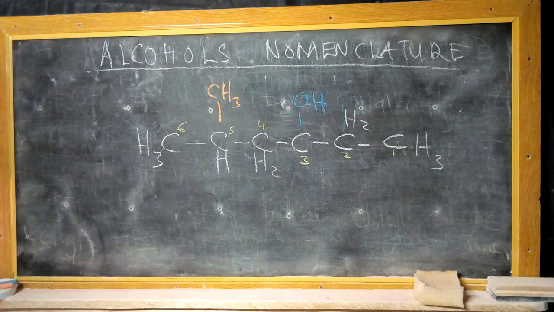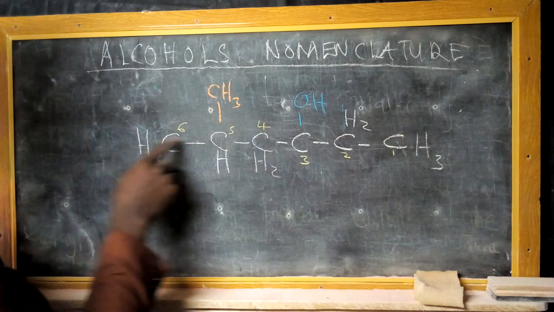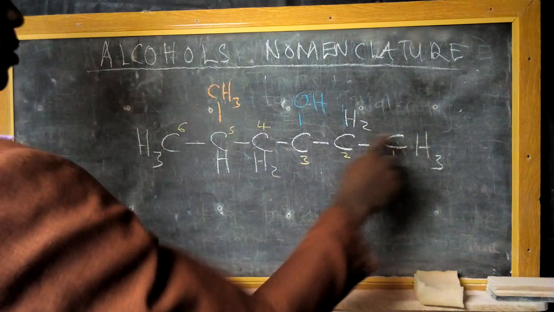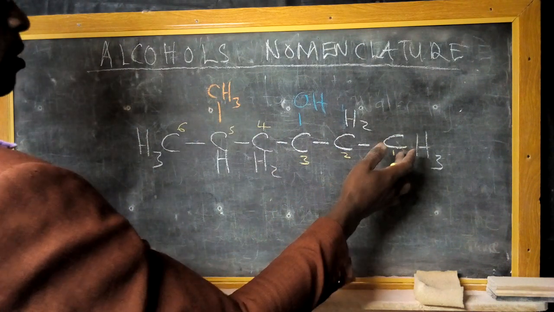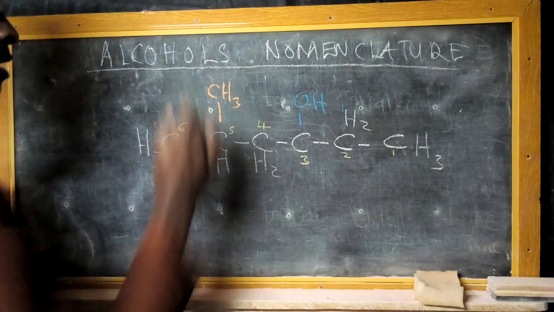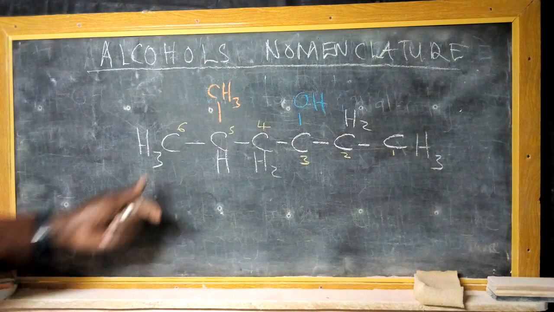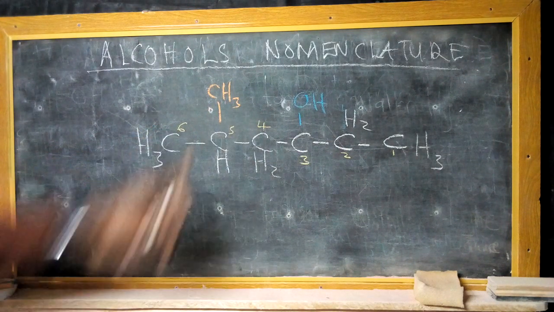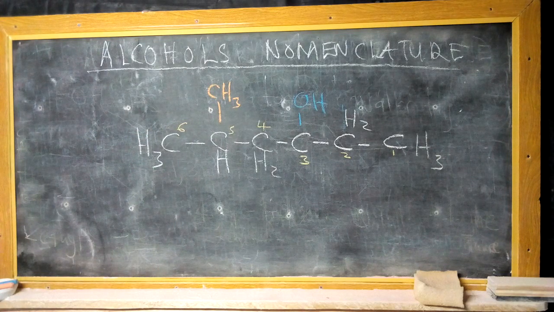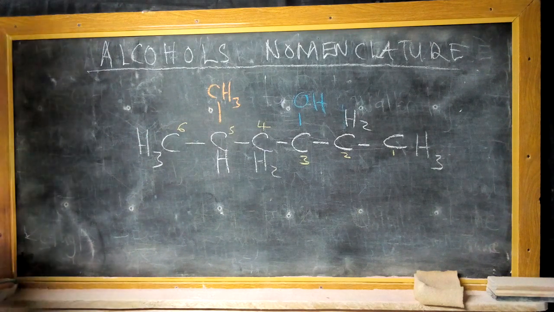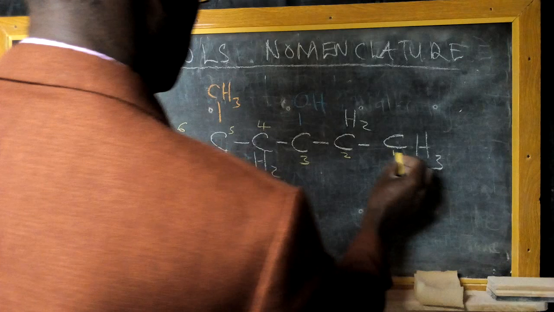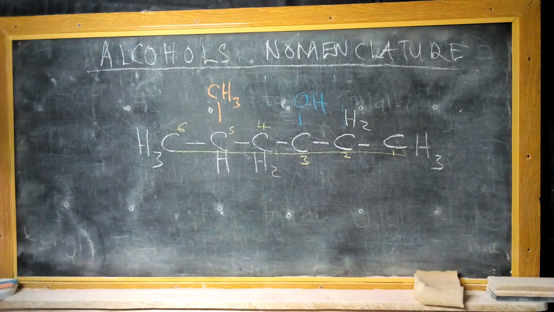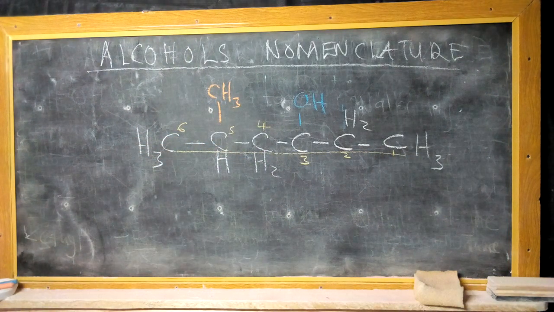If we follow the first route, we can follow this straight line, or we go in that direction. Either way we see 1, 2, 3, 4, 5, 6. So one of these methyl groups will act as a substituent, and I can choose to use this straight line as the longest chain of that particular compound.